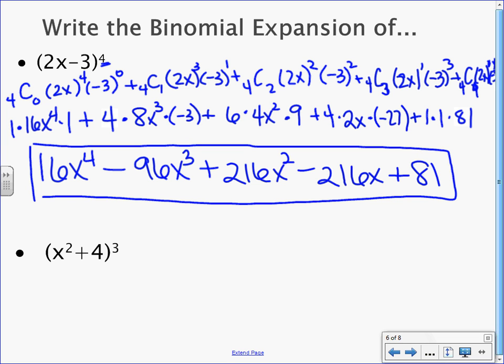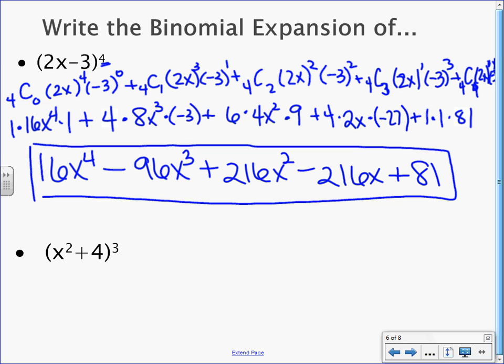The higher the power, the more efficient this is. This also alleviates some of your multiplication errors. If you're multiplying polynomials together 3 or 4 times, there's a chance you could have some multiplication errors or combining like term errors.